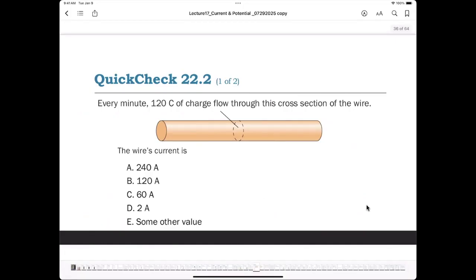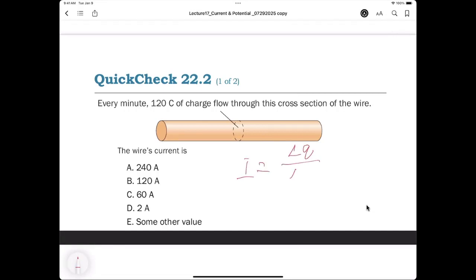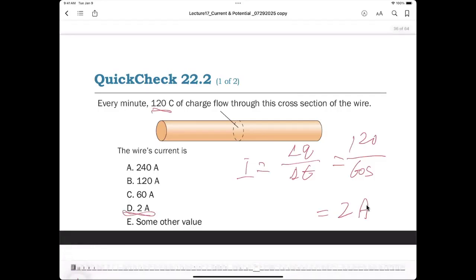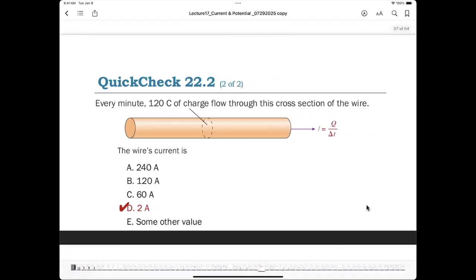We know the current I equals delta Q over delta T. Here delta Q is 120, and every minute means 60 seconds. So it is 2A. That makes sense to you? So the answer should be D. We just use this equation to calculate it.